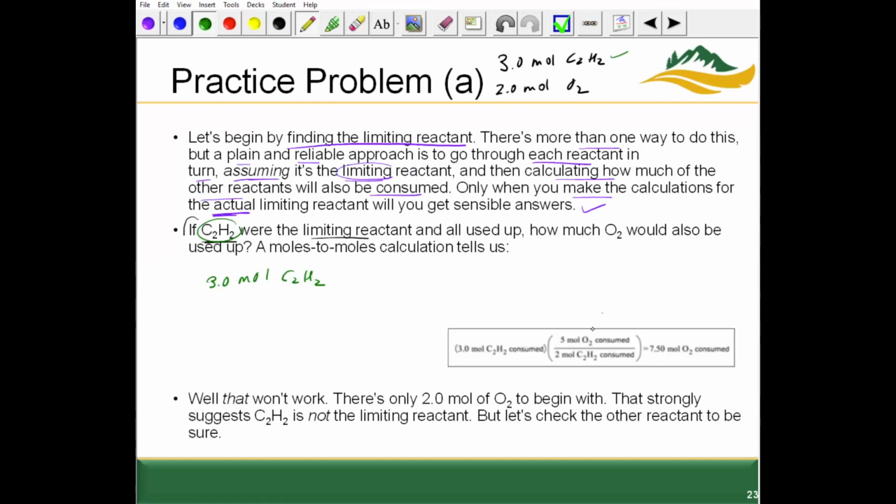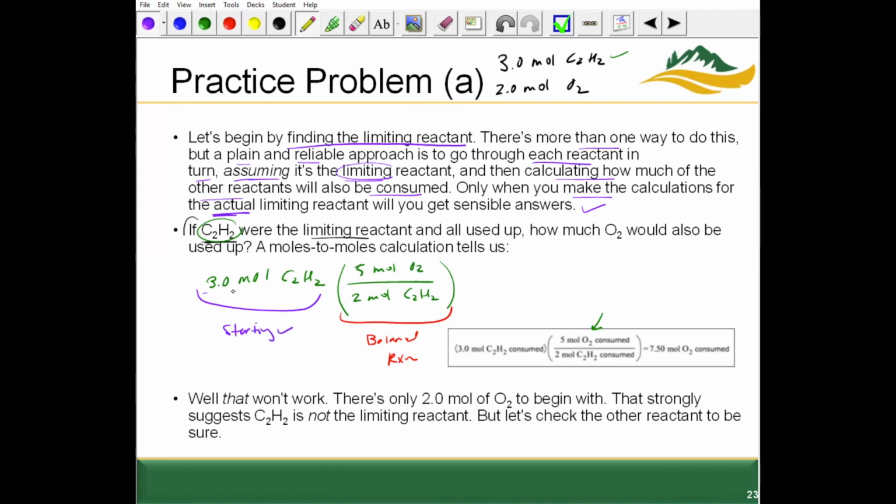So here's this mole ratio here. For every 5 moles of O2 that are consumed, we have 2 moles of C2H2 that are consumed. This portion here is just from the balanced reaction. This portion here, this is our starting amount that's given in the problem.